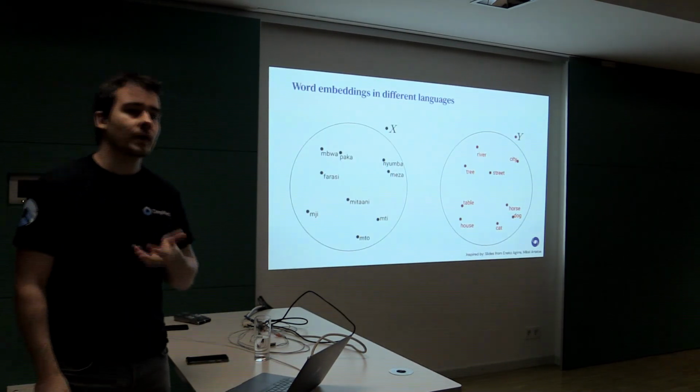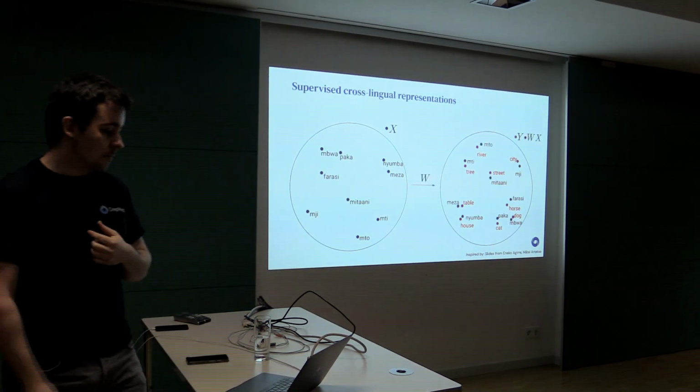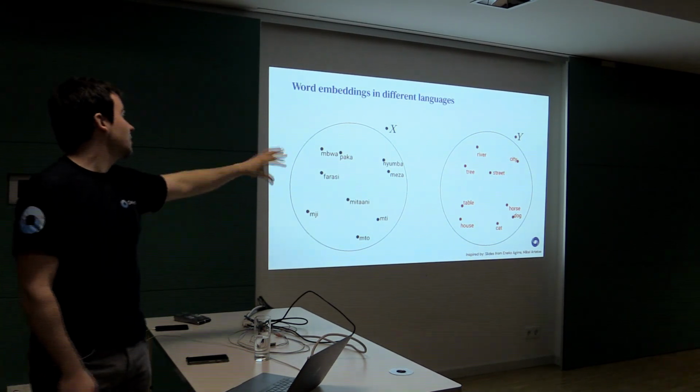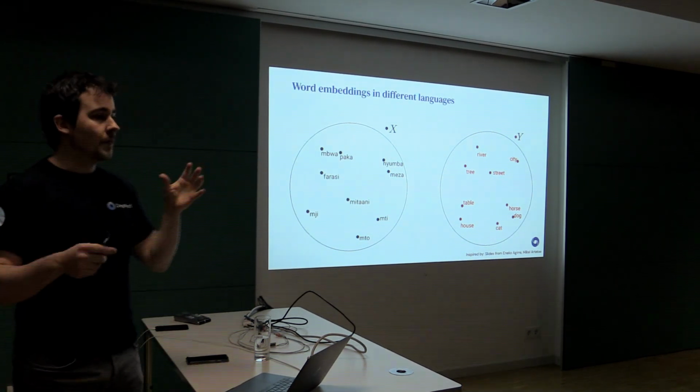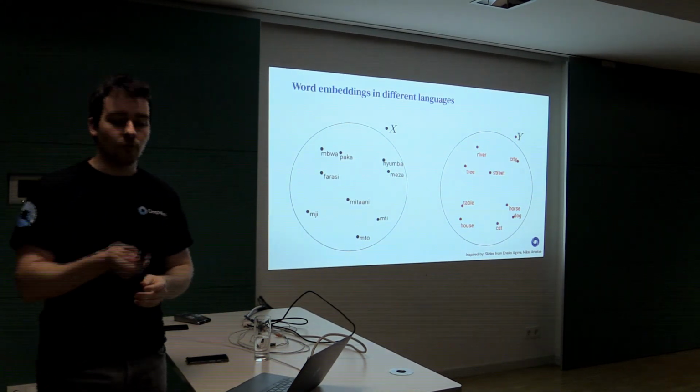And just to provide a bit more intuition how this might look geometrically, here we start out with our source embedding space and our target embedding space, where each word is represented as a point in the overall embedding space.